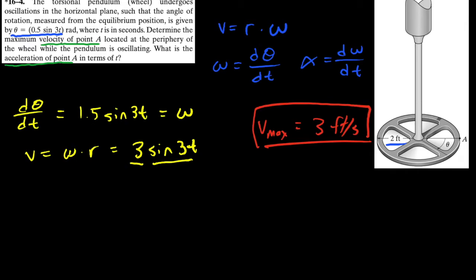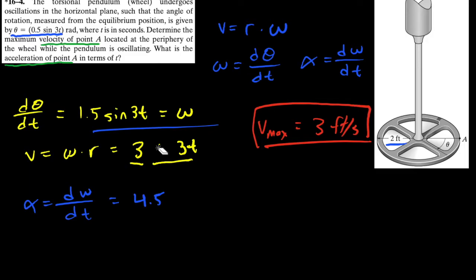Now, let's do angular acceleration. How do we approach this? We already figured out omega, our angular velocity. All we need to do to find angular acceleration, like I previously mentioned, is take the derivative of omega. But before I do that, let me make a correction here.